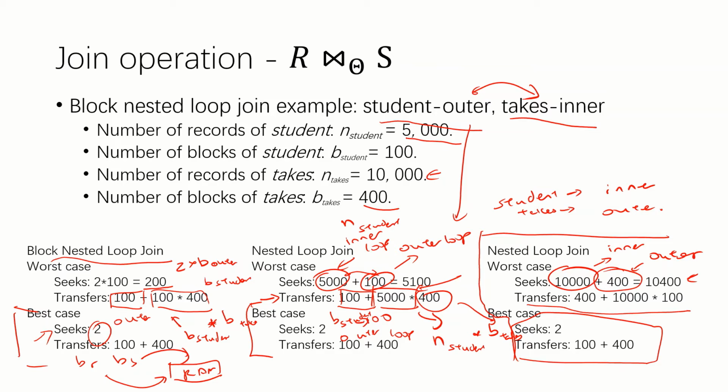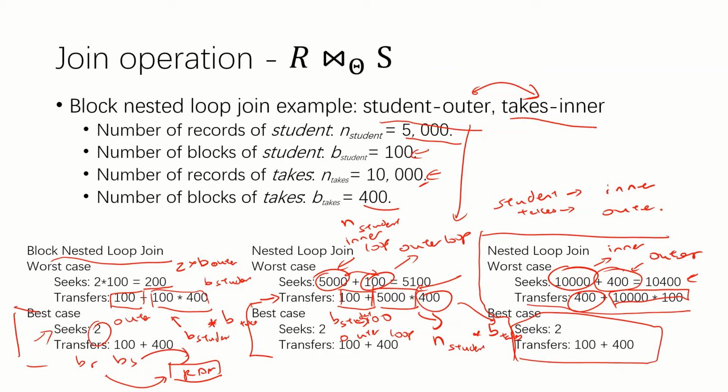How about for the transfers? For the outer loop, it will be the number of takes, so I need to transfer 400 blocks, and for the inner loop, for every single tuple of this, I need to transfer all my blocks. So it will come out with this number over here.